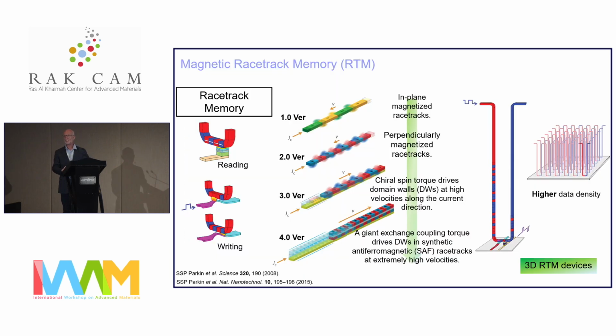So what is racetrack memory? You heard before how we're consuming more and more energy. Much of that energy is going towards storing digital data. Today, 70% of digital data is still stored in magnetic disk drives, a 70-year-old technology that has benefited from a spintronic device that I helped to invent a few years ago, enabling enormous increases in the storage capacity of magnetic disk drives.